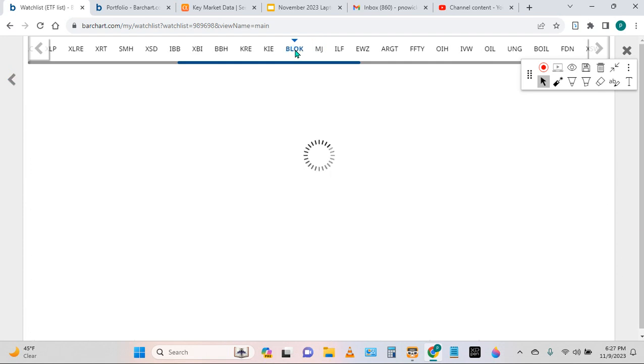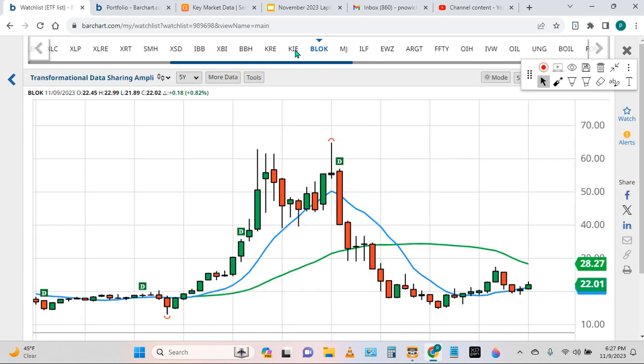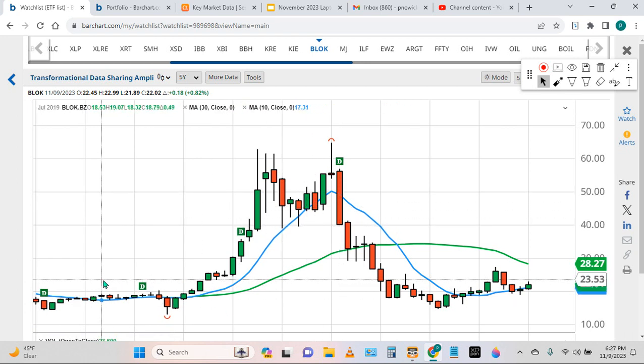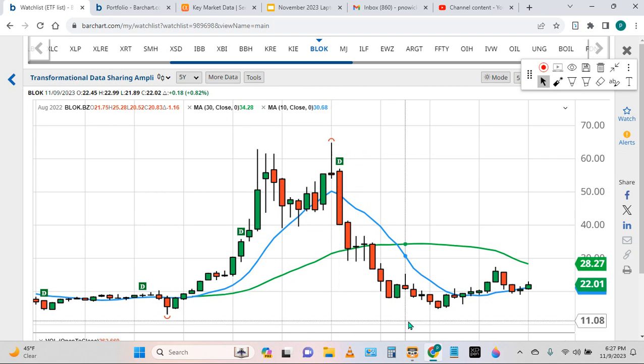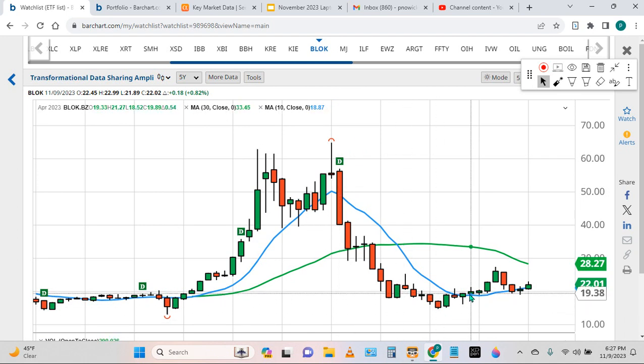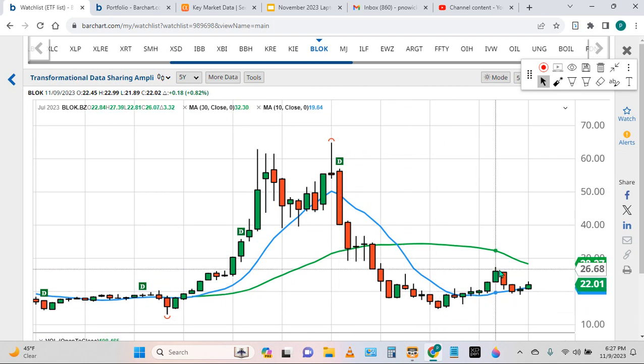Versus something like, let's take a look at this one, if this looks any different. This is symbol BLOK, which is just an ETF that tracks data sharing stocks, and there might be some crypto related stocks. Again, you can see the trend 1, 2, plateau of 3 and 4. We're still kind of in the stage 1 trend.